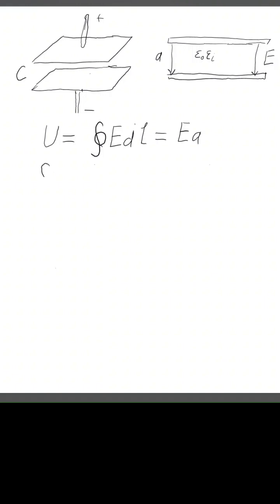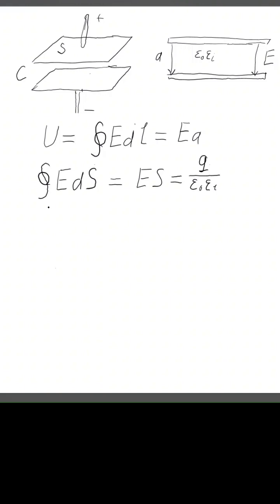It looks like the round integral of E times dS, where S is the area of the surface, in our case of the capacitor, and it equals E times S. And as it follows from the Gaussian theorem, it will be Q as charge divided by the multiplication of electrical constants.